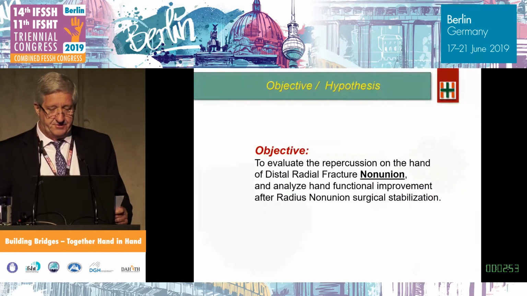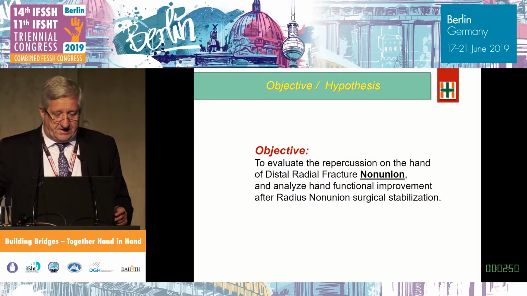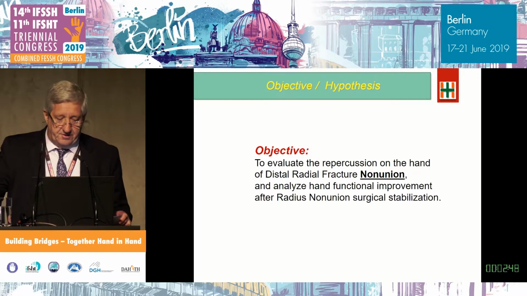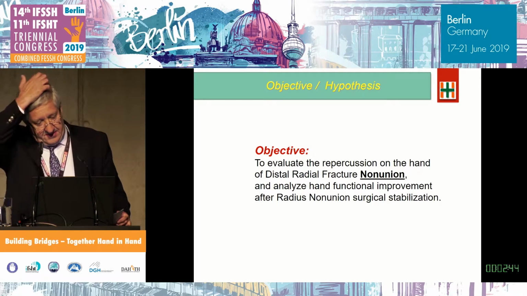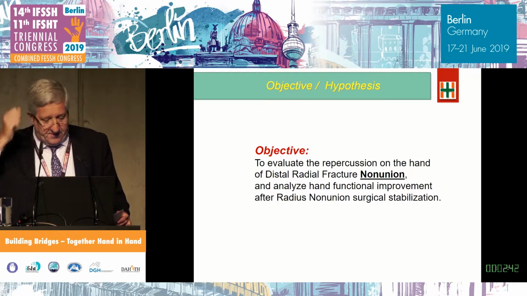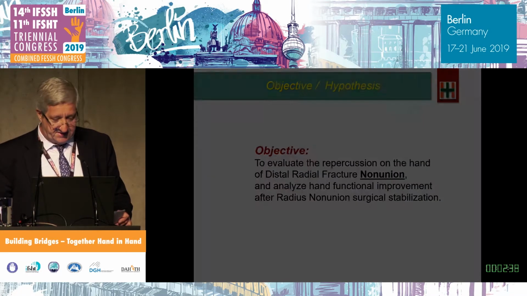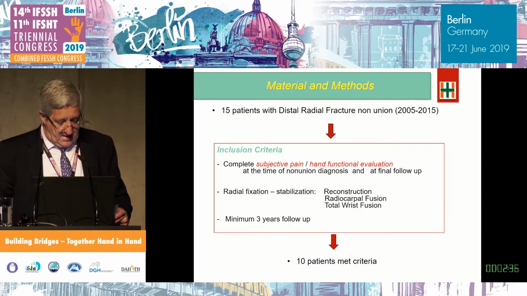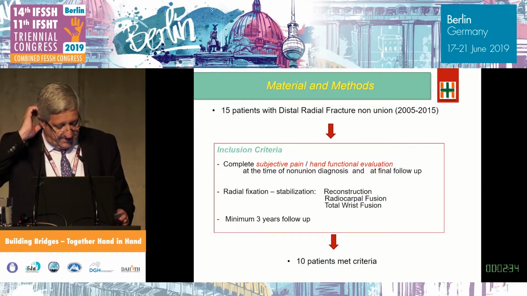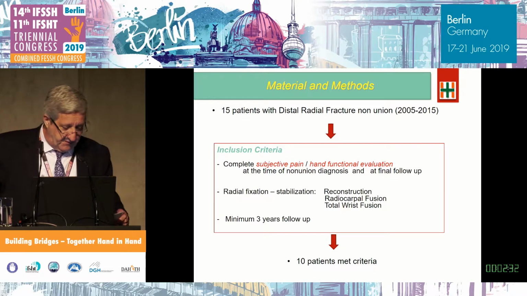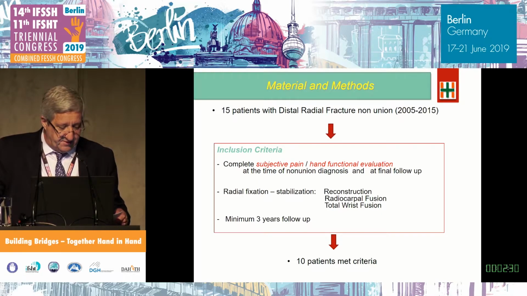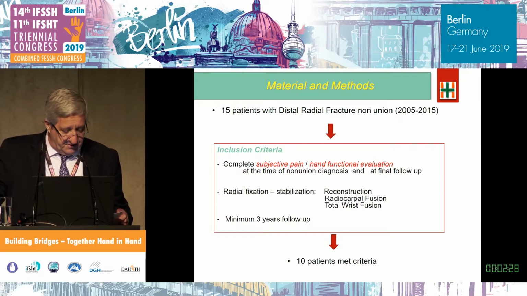I have no disclosures. Our objective is to evaluate the repercussion on the hand of distal radius fracture non-union and analyze a functional improvement after the radius was surgically stabilized. We retrospectively found 15 patients with distal radius non-union, mostly referred to our institution for hand dysfunction.